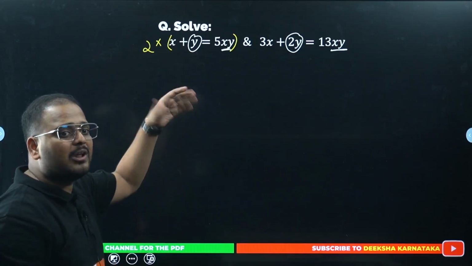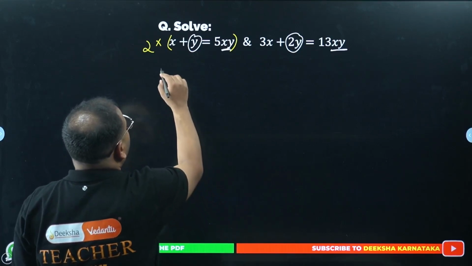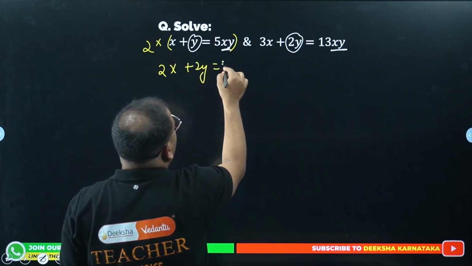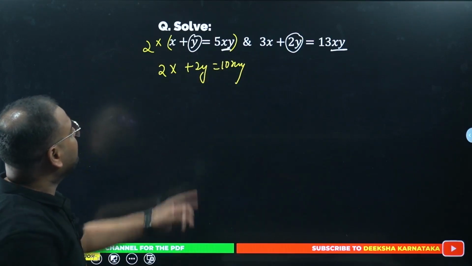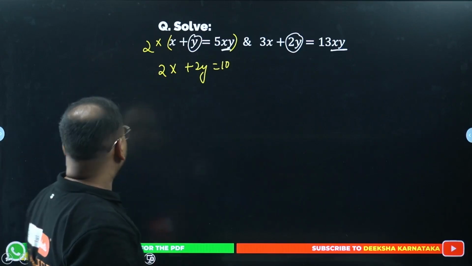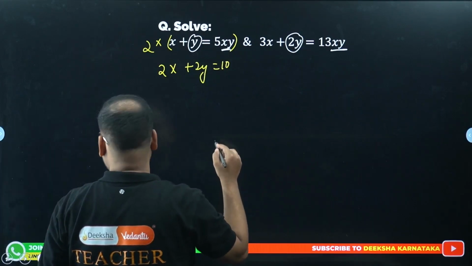Why 2? Because I want to eliminate the y. You can do it with 3 also, your choice. So what is going to be? 2x plus 2y equal to 10xy. Why 10xy, sir? Because I have to multiply 2 on both sides. So 10xy.